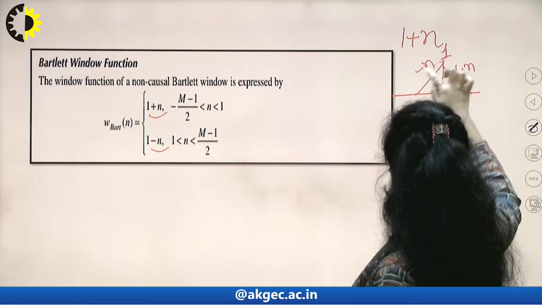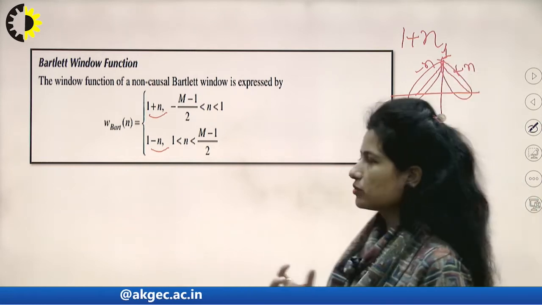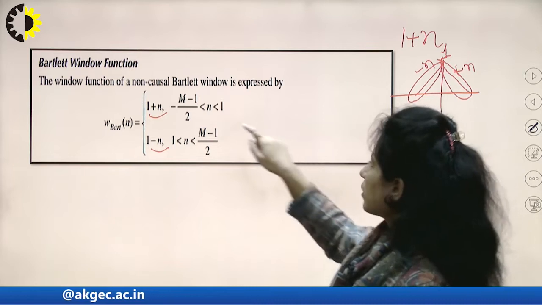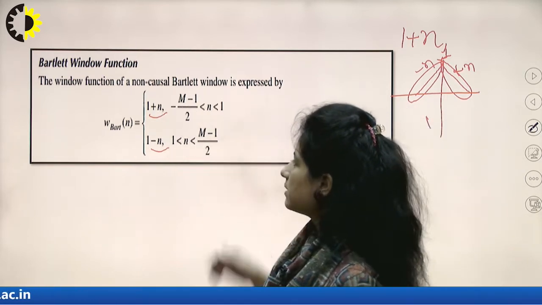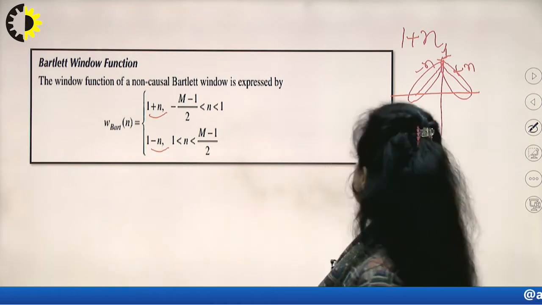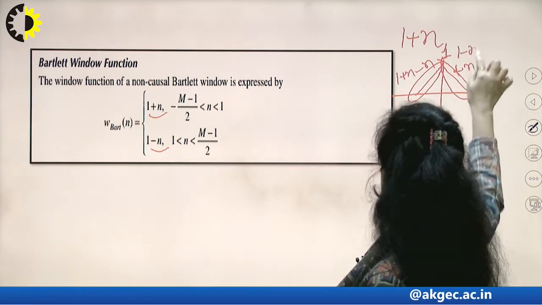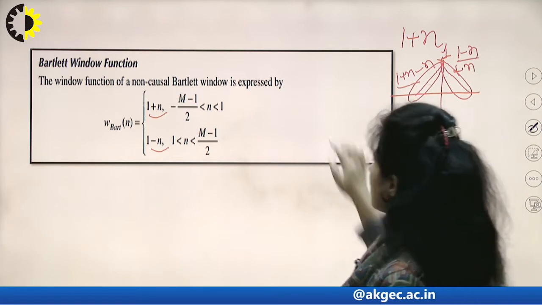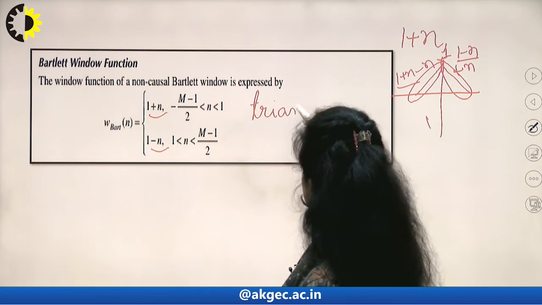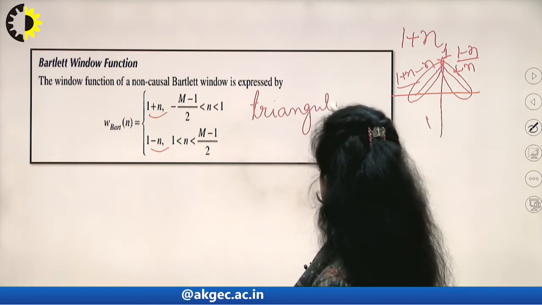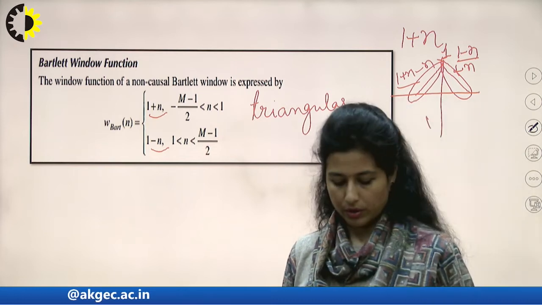So this has a quick slope. The decrease is very fast as compared to the cosine function. So for the values ranging from a certain interval to 1, it is 1 plus n rising, and it is 1 minus n falling, following this kind of characteristic. So this is a different window. I may also call it a triangular window, which can be used for generating some finite response.